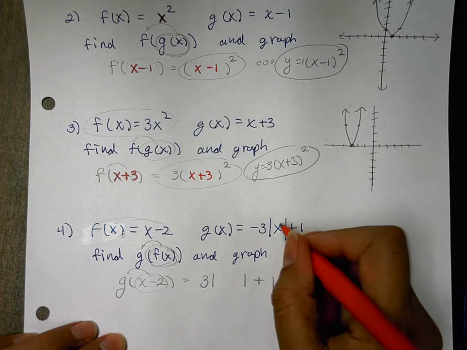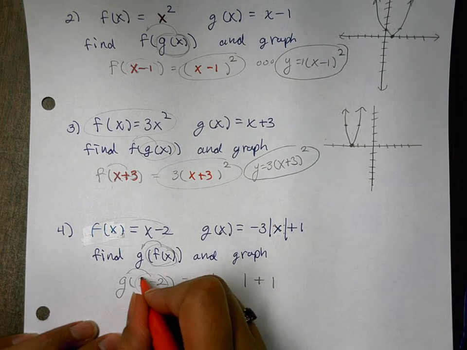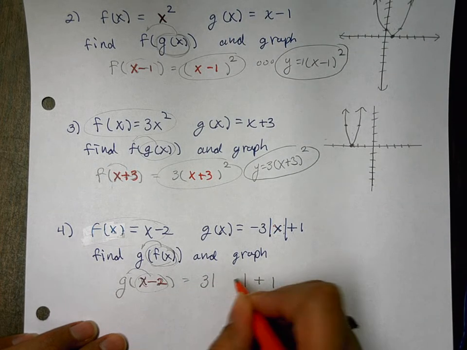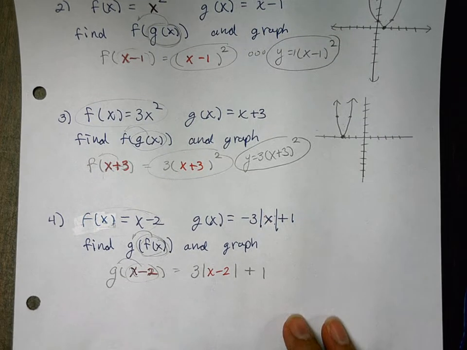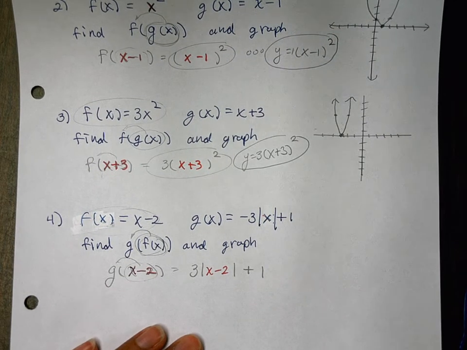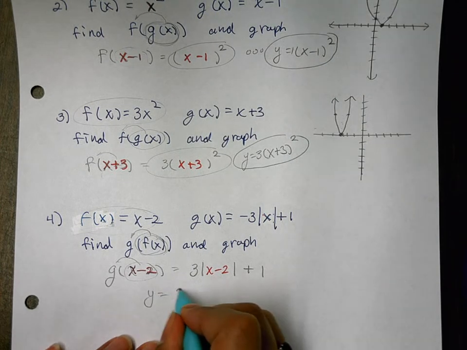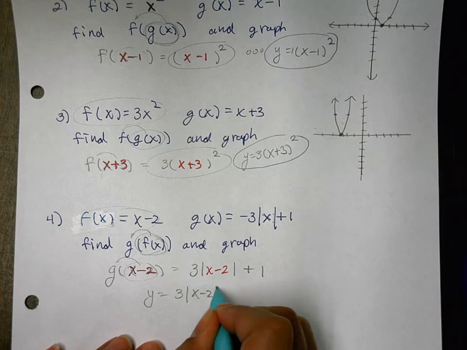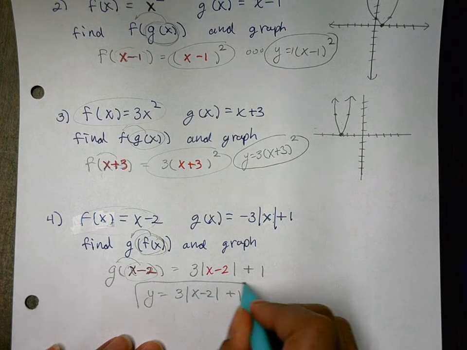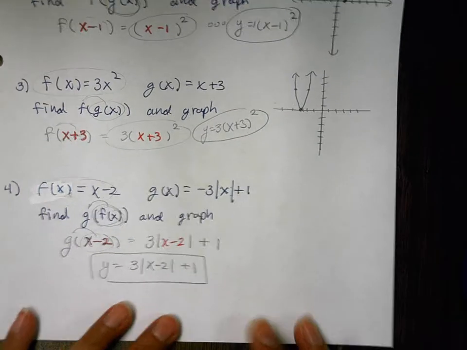Inside the absolute value where the x used to be, I'm going to plug in the x minus 2. And there is your answer. And we're going to graph.